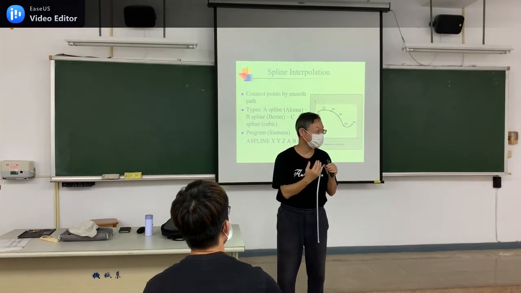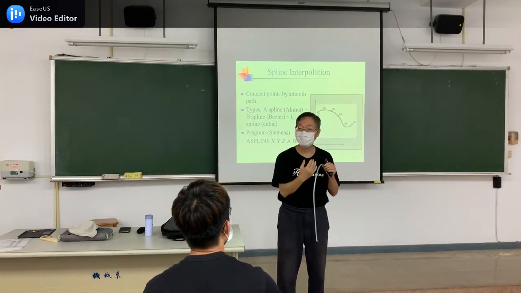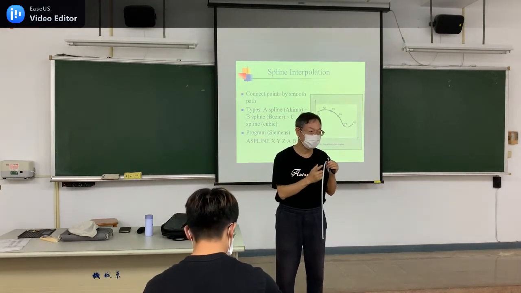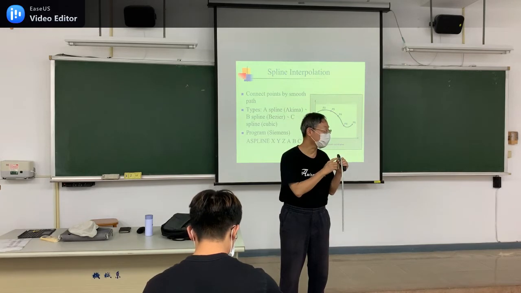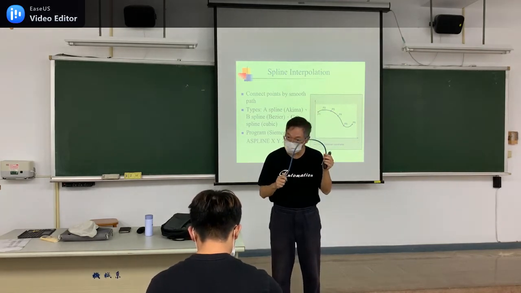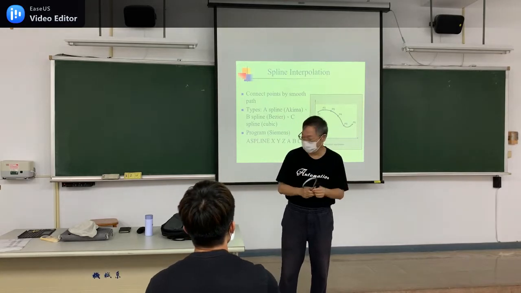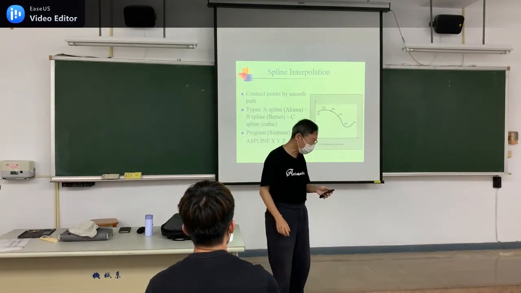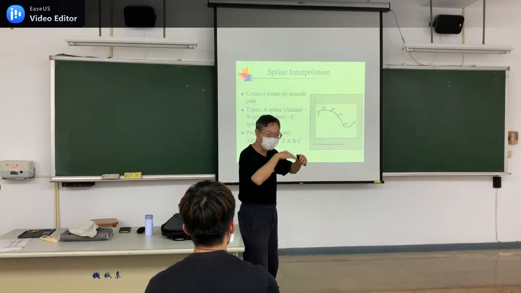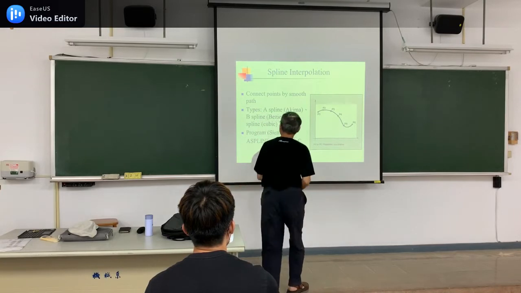The slope is continuous. In other words, in mathematics, it means differentiable at each point. And this is what we call a smooth curve, and for a smooth curve we have one term, spline. Spline meaning smooth curve. Okay.